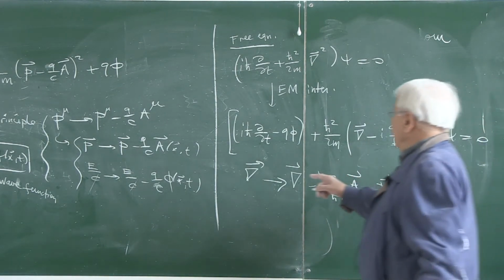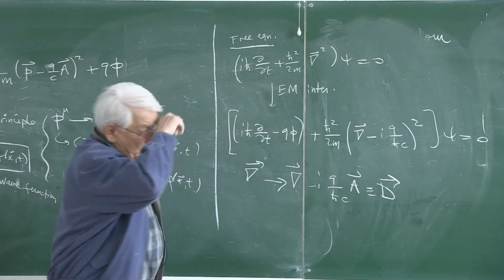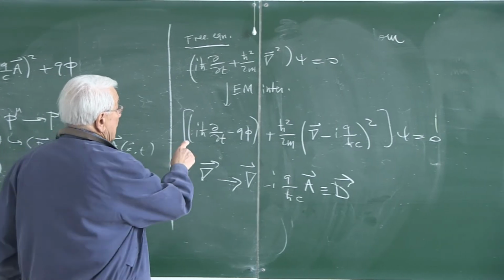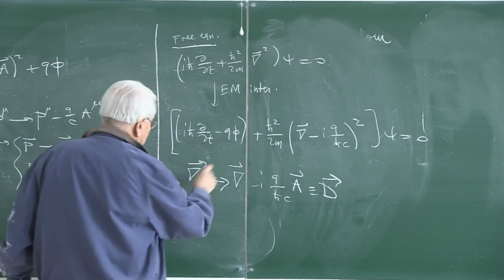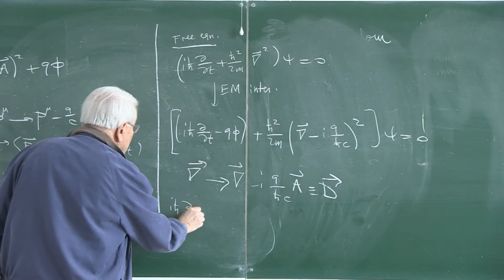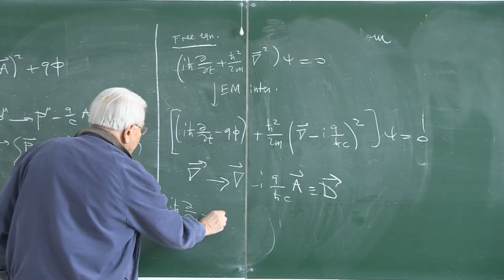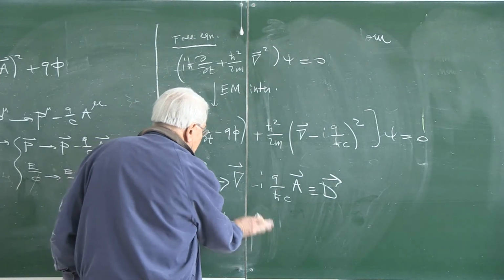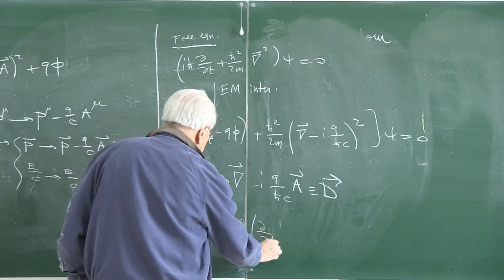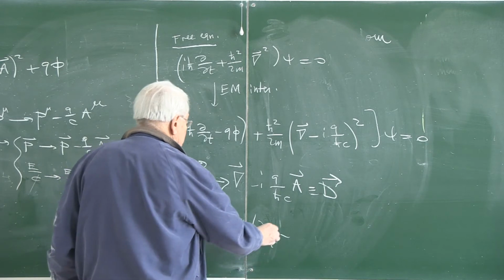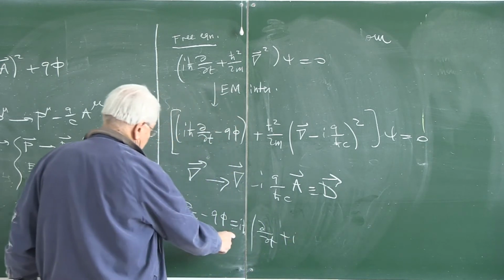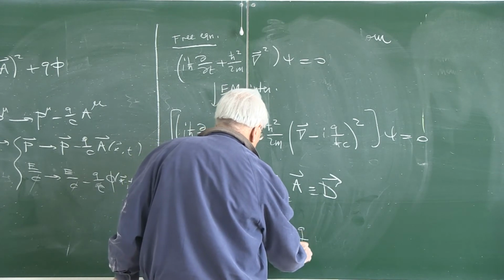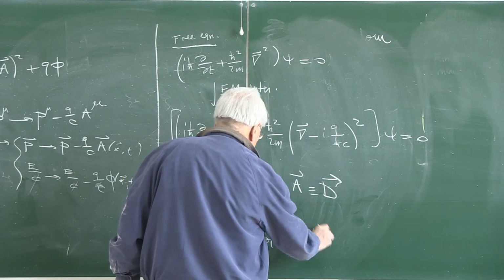What I have done for the Cartesian derivative, or so-called del, I can do the same for the i h bar d by dt. If I take this i h bar d by dt minus q phi and write it as i h bar factored, d by dt plus or minus i q over h bar phi.